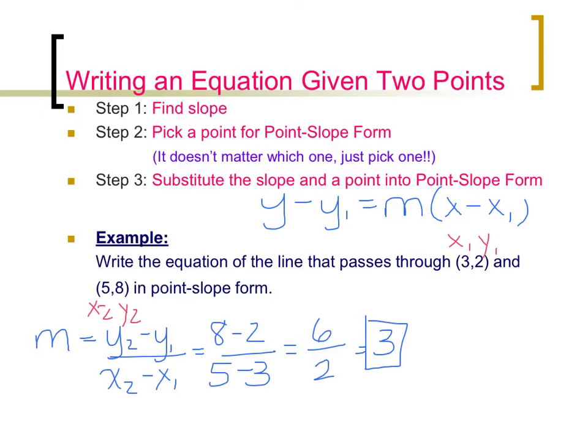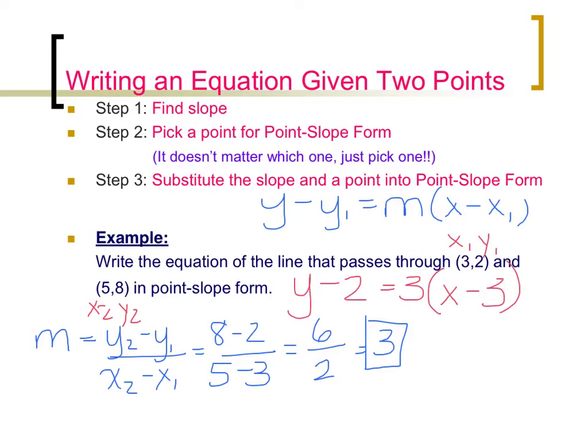Now that I have my slope, I'm going to substitute my slope in for slope into my point-slope form, and my x1 and y1 into my point-slope form. I will get the equation y minus 2 equals my slope of 3 times x minus 3. Okay?